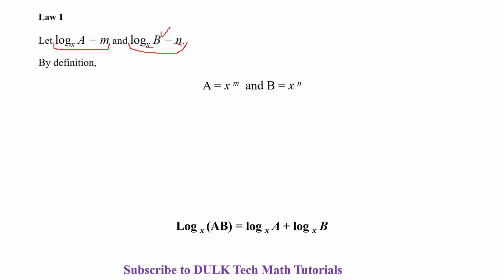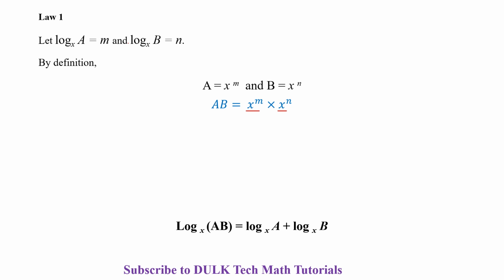Right. So if I multiply a by b, this is the same as multiplying x to the power m by x to the power n, because b is x to the power n, a is x to the power m.